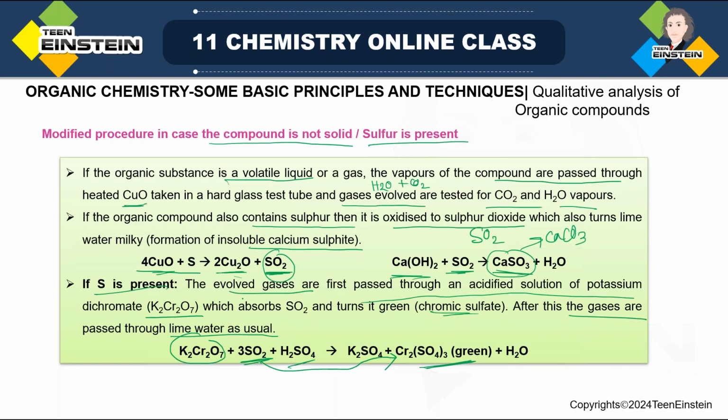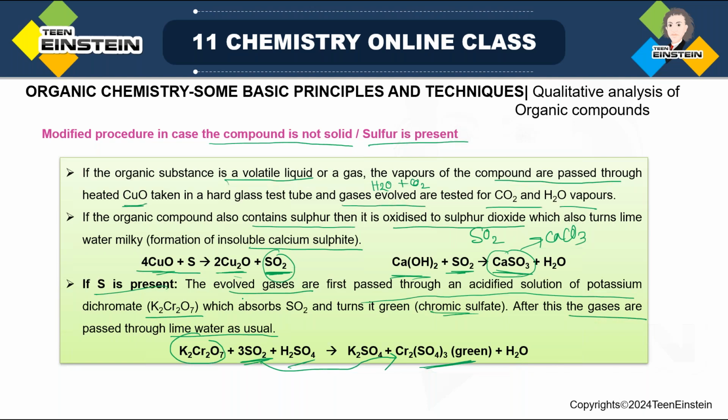Still you are seeing a milky appearance when passing it through lime water. Why is it happening? Because CO2 is present, right? But if you are not seeing it, that means CO2 is not present because you have already removed SO2. So there will not be the same observation expected from SO2.